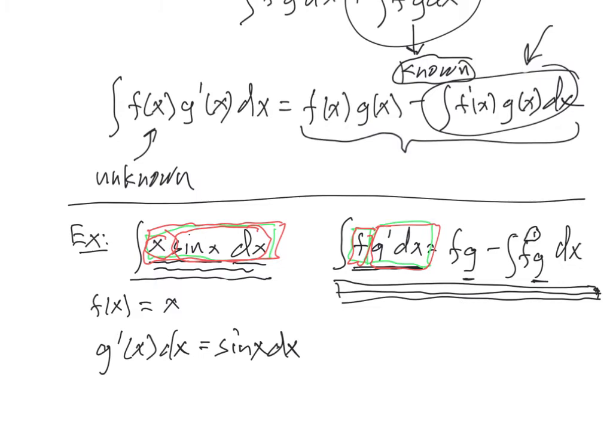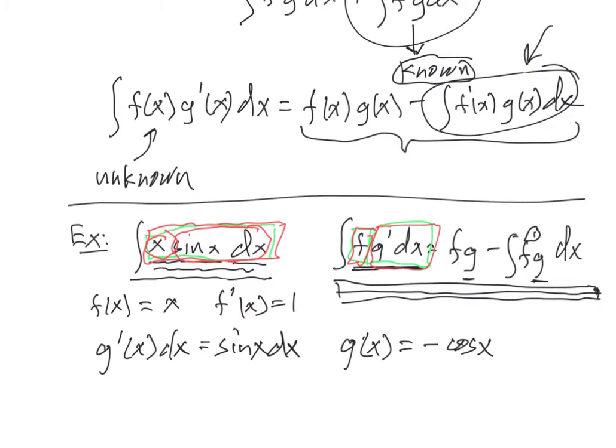Well, if f is x, then f prime is just 1. And if g prime is sine, then g of x is going to be an antiderivative of sine. Well, let's use minus cosine for that. We could add on any constant. What we're going to do is add our constant at the very end. We'll save it for then.